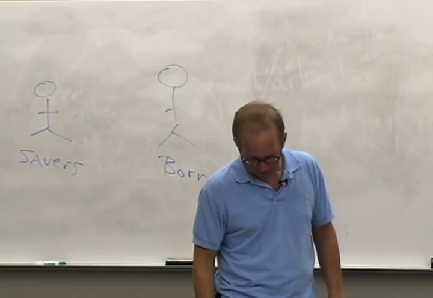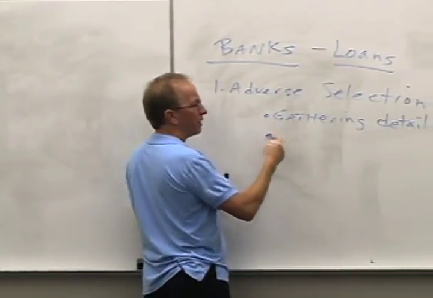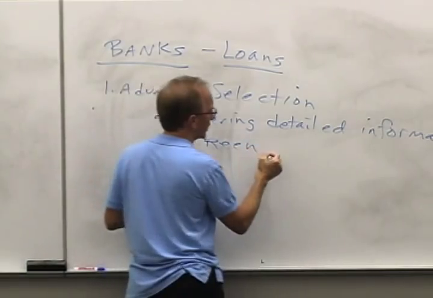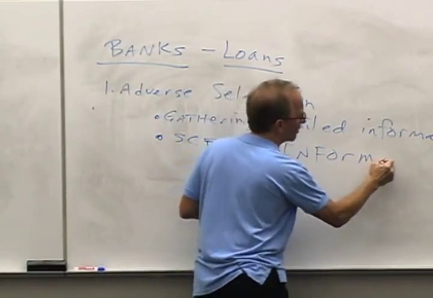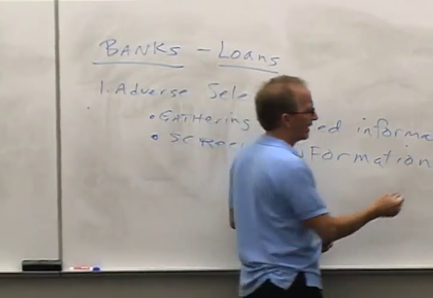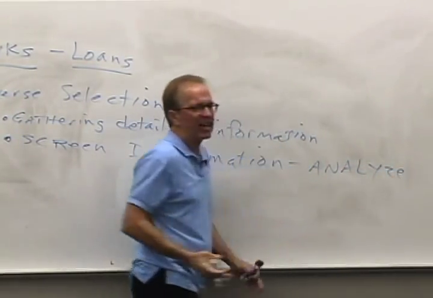Okay, so after they acquire all this detailed information, then what bankers will do is they'll screen that information. Meaning, what's this screening process? That really just means they will analyze it. What's this all add up to?